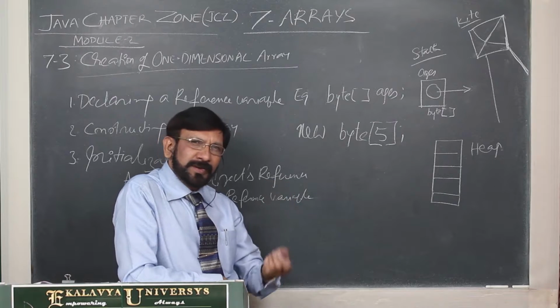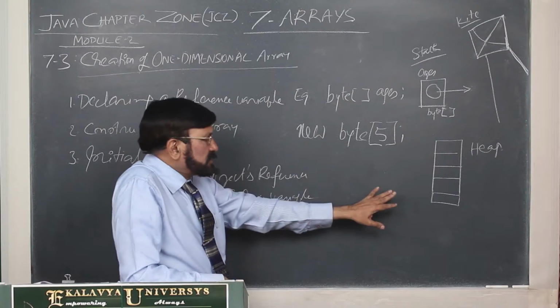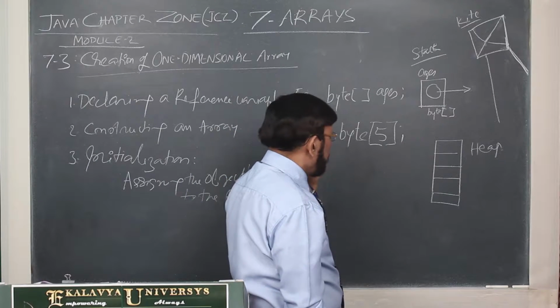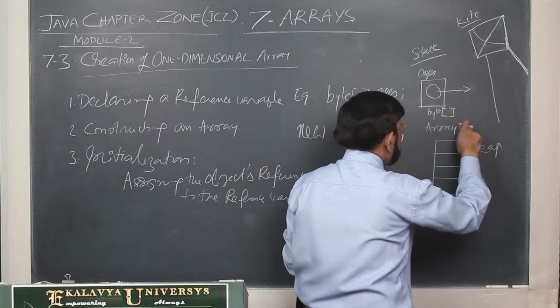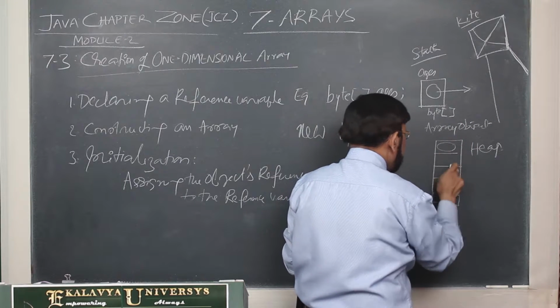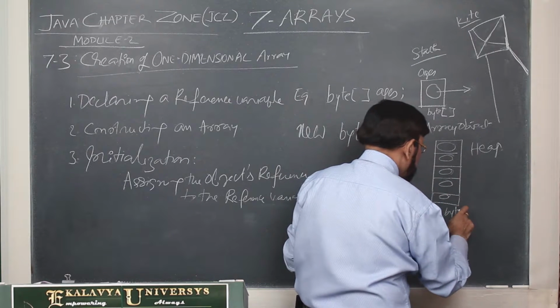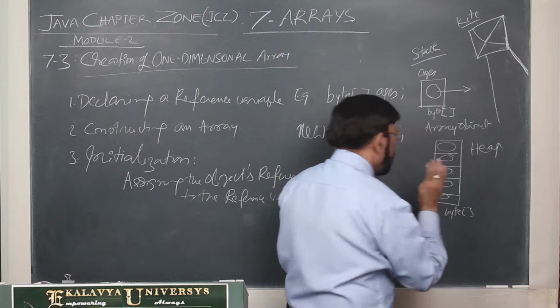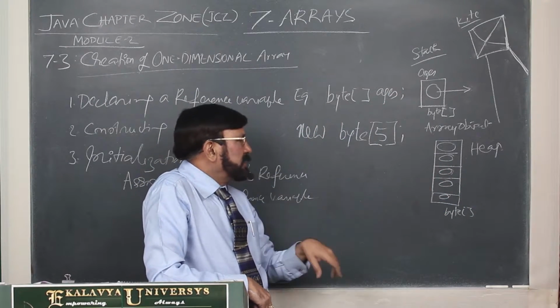So without giving a name, how can you access it, how can you call it? That's why you must understand that this is an array object, but you cannot give any name. In this manner it is created. What is its type? Its type is byte array. Okay, this is the real thing.